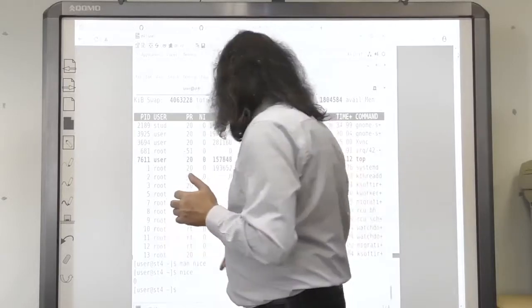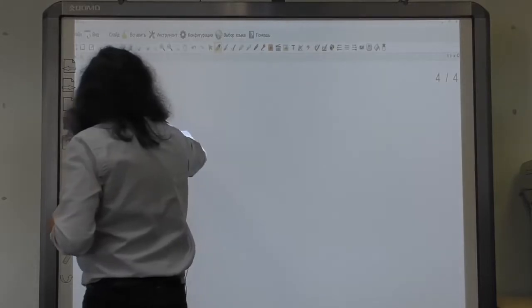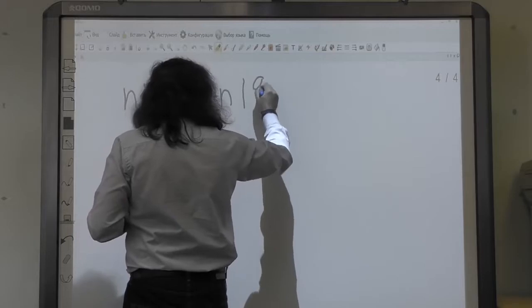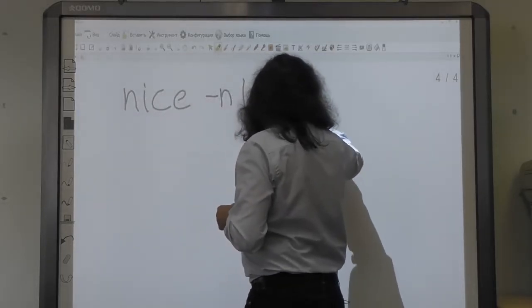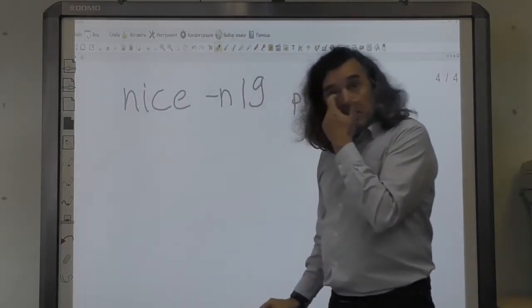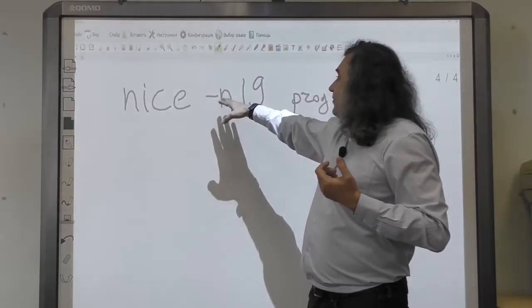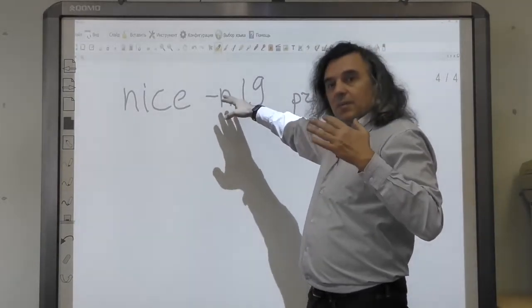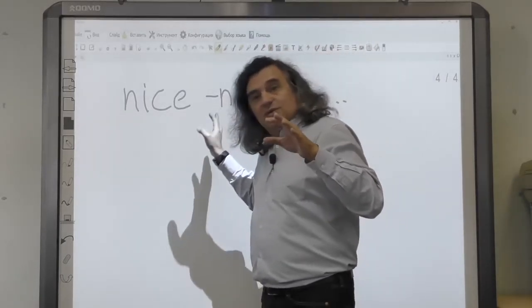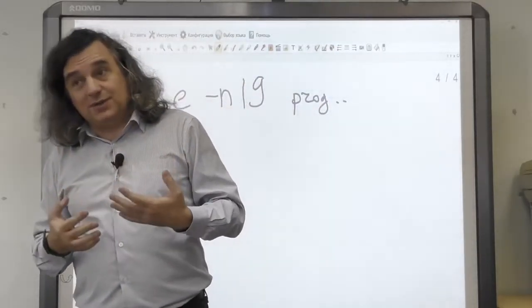For example, nice -n 19 means execution of the command with the lowest priority.